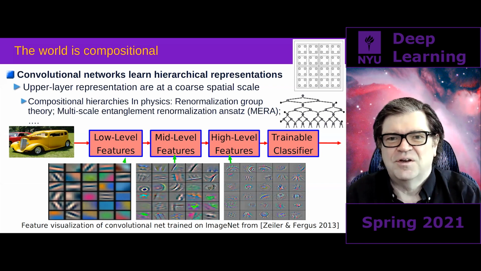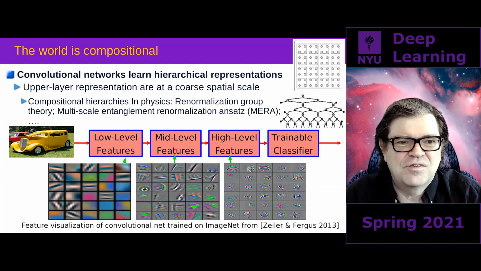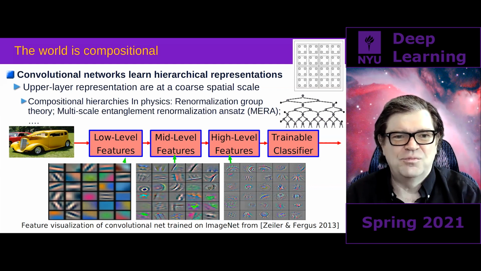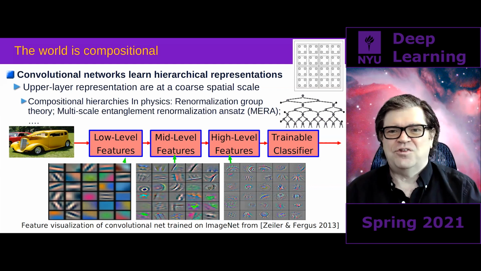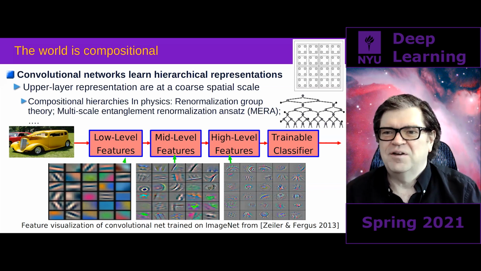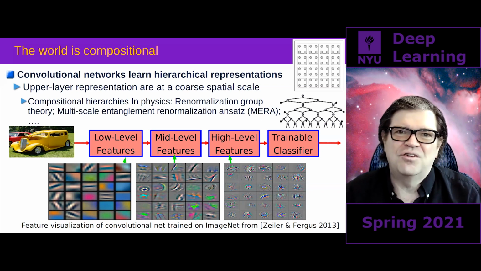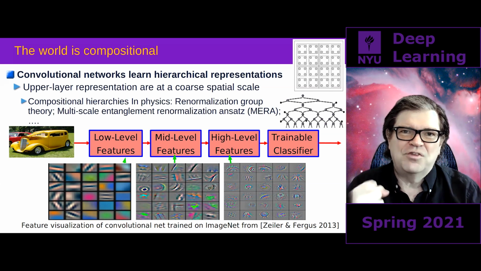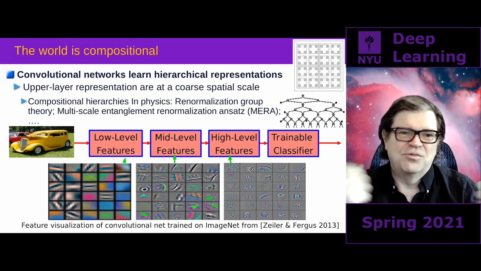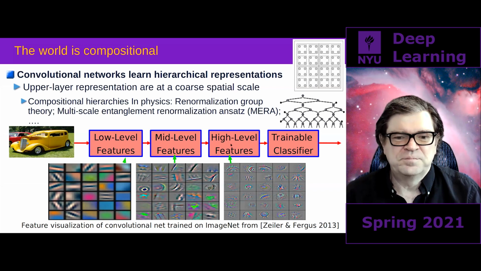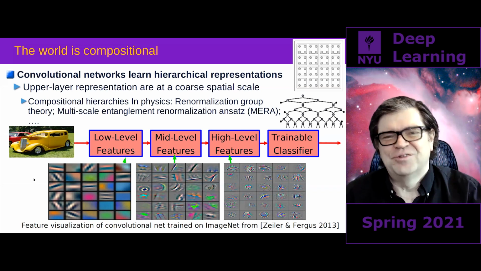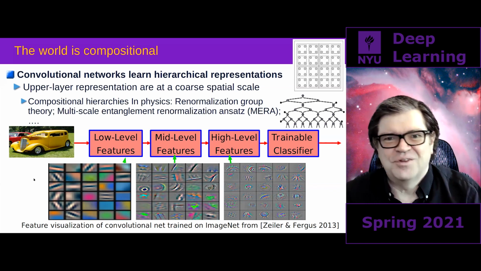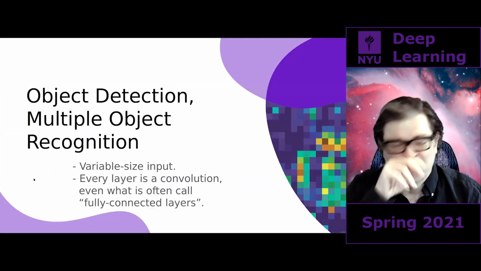This is used in condensed matter physics. Then there's the multiscale entanglement renormalization ansatz, also called MERA. It looks very much like a convolutional net, and it's designed to represent the complex interactions that occur between different quantities. So there's probably some sort of deep cosmic reason for multilayer systems to be useful, and probably why we have them in our brain.